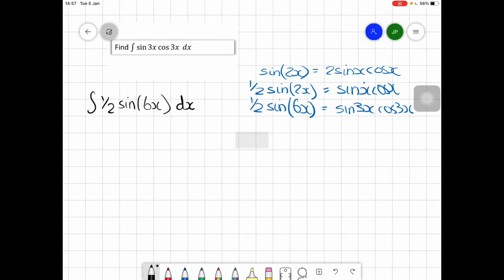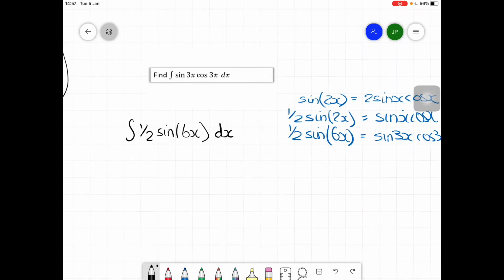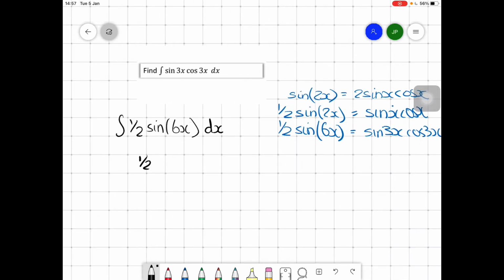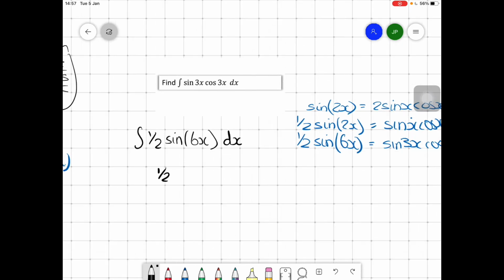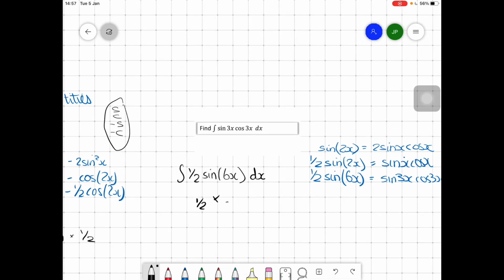So this is going to become a half times minus cos 6x. But because I'm not integrating just in terms of x, I have to make sure I times by 1 over my coefficient of x.